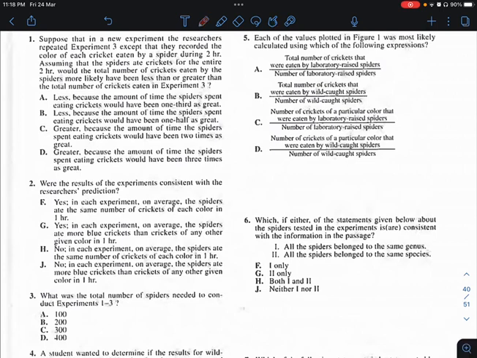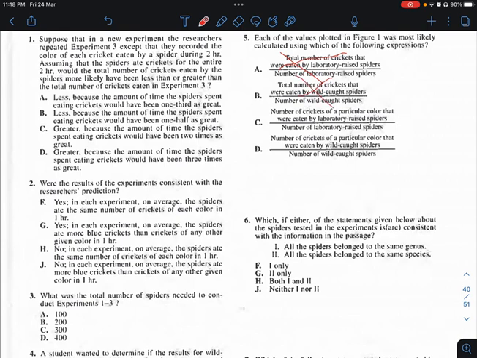Okay, so A, total number of crickets that were eaten by laboratory-raised spiders, that's gonna be skipped. Why? Because it's talking about all the crickets. B, total number of crickets that were eaten by wild-caught spiders over the number of wild-caught spiders. Also, it's talking about the whole crickets.